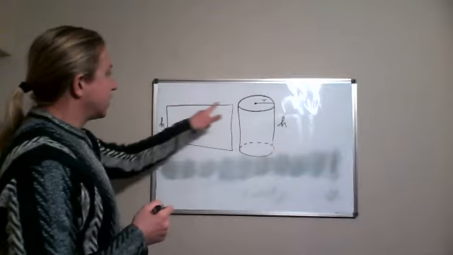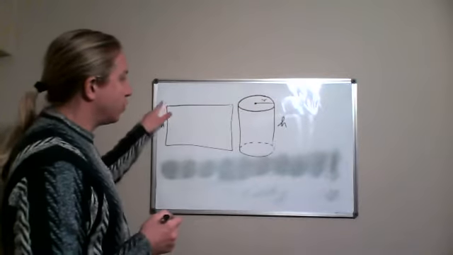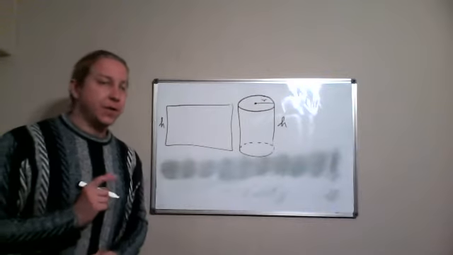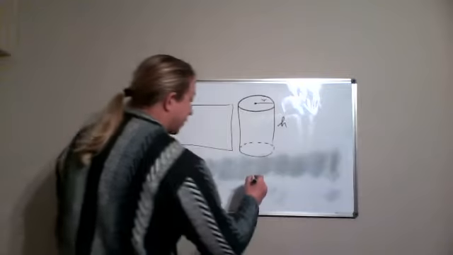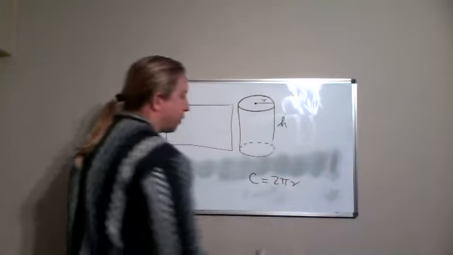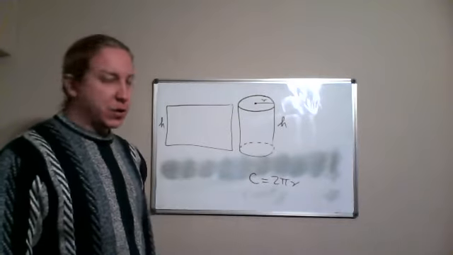What is this distance over here? Well, that's the circumference of the circle. Remember, it rolls out. So we need to know what the circumference of the circle is. The circumference of the circle is C, which is 2 pi r. 2 pi is just the constants, r is the radius of the circle, okay?